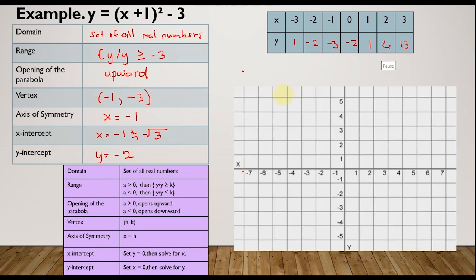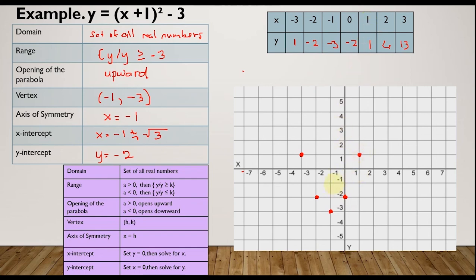All right, let us plot our coordinates. Negative 3, 1. So this is negative 3, 1 here. We also have negative 2, negative 2, followed by negative 1, negative 3, then 0, negative 2, and 1, 1.